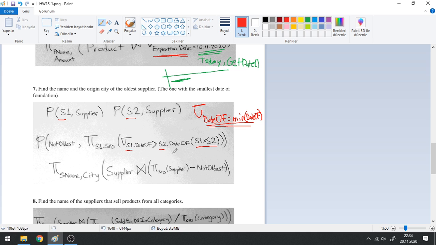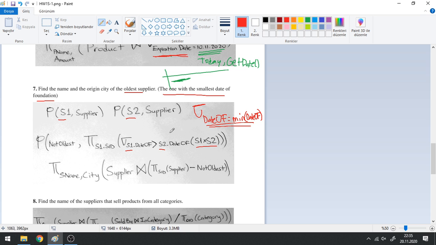And then on one side we are going to get the ones that are higher than the other side. So for example, in the S1 and S2 case, first of all, the oldest supplier, we are also saying that it is the smallest date of foundation. So we are interested in finding the smallest one.